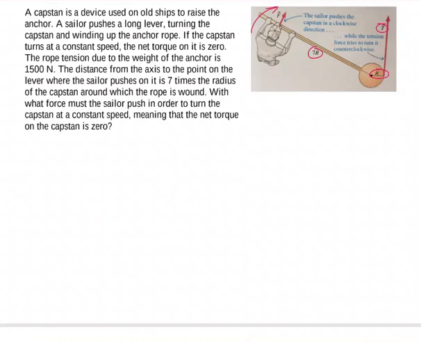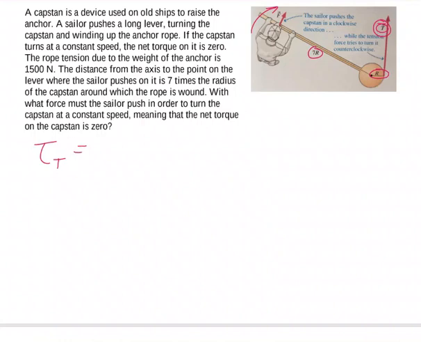So what do we do? Add up all our torques. We know that the net torque is going to have to equal 0. So we're going to say, we have a tau for that tension force, and that's going to be at an angle.